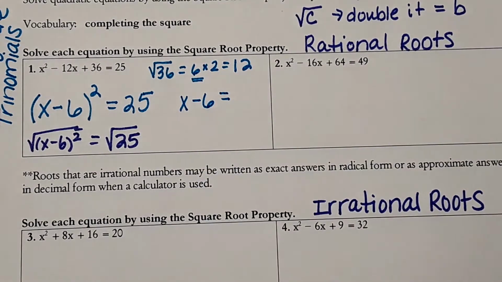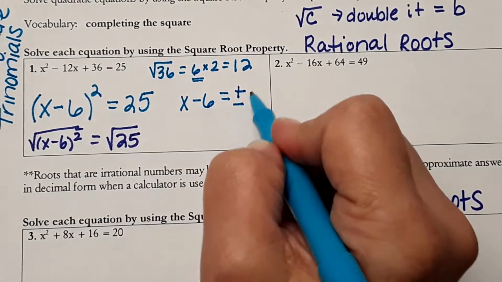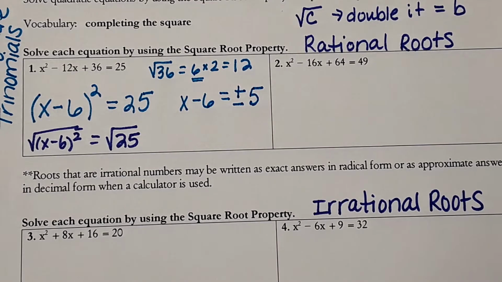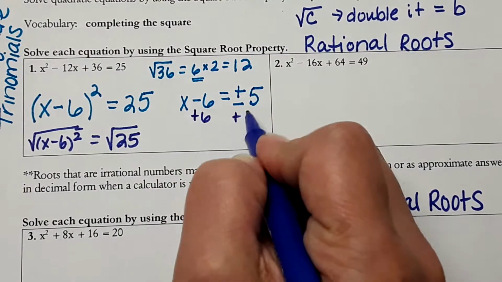But remember on Tuesday, if you watched the video, I told you that if you're solving and you have a square root, you're going to have two answers. So it's going to be plus or minus 5. When you take the square root and you're solving something like this, you need to put the plus or minus there. Now we're going to add 6 to both sides.